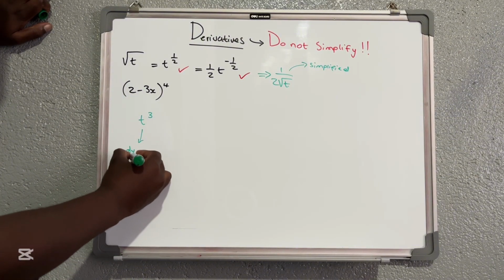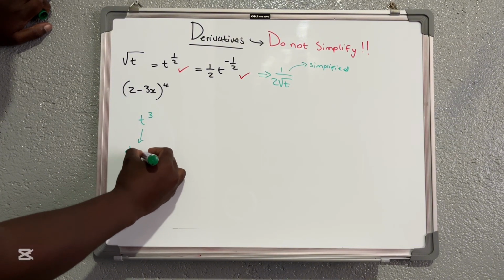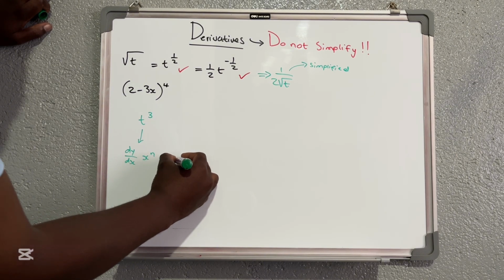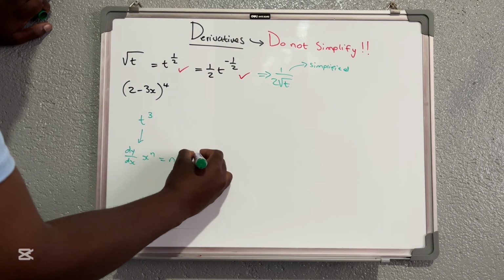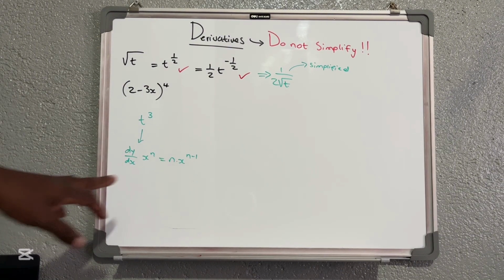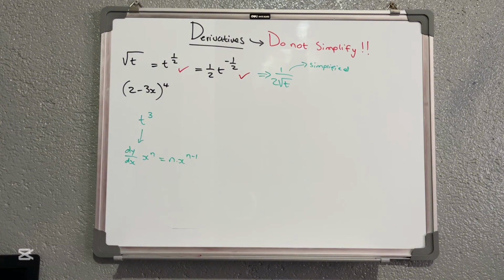You have your dy over dx. We know we have x to the exponent n, then we have n multiplied by x to the exponent n minus 1. But for this one we have something similar, but I want you to notice that we still have the internal part that would be left if we try to use this formula. Hence, we're going to be using the formula from the chain rule.